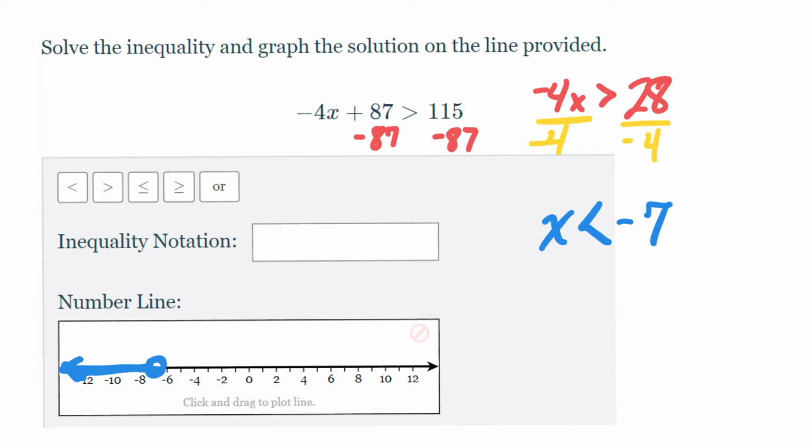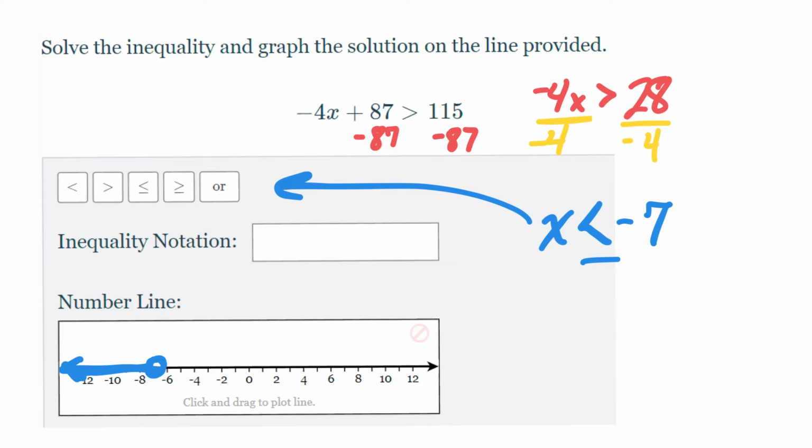And then the way we write this in interval notation. Well, if all numbers are going to be less than negative 7, then that means negative 7 will be our biggest number, but not including negative 7. So in this case right here, we would just type this in, but I'm going to just show you the interval notation.